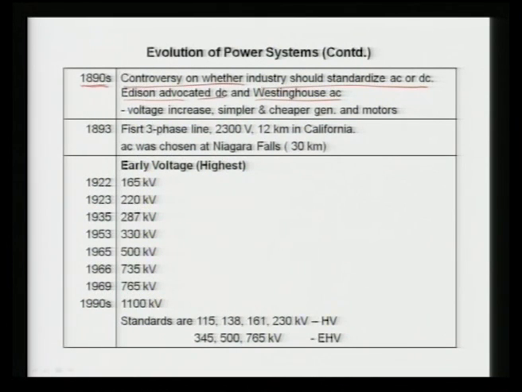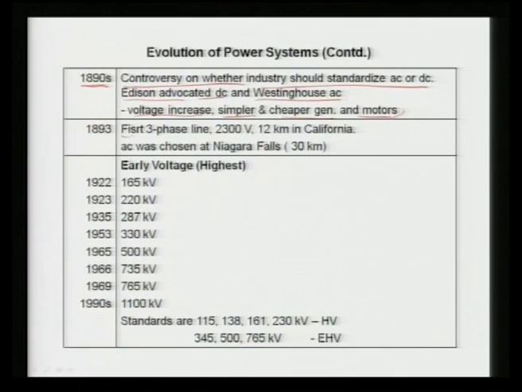AC became more and more feasible, because it was possible to increase the voltage by transformer action, it is simpler in terms of generation and motors, and it is rugged and very versatile. So the DC system was slowly dismantled, and AC systems became very, very popular.